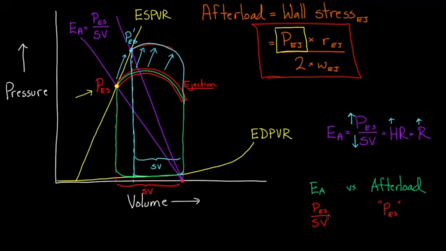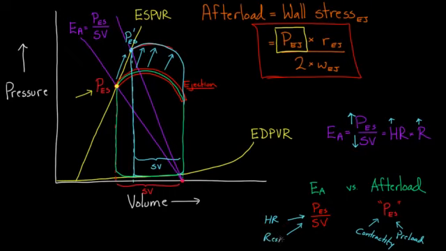And if we're thinking about that, remember that many things are going to affect this end systolic pressure. Many things, including things like contractility, will affect this, and preload will affect this. So many things are going to affect afterload, but not too many things are going to affect our EA. So remember, if you're having a change in EA, the things that are going to change EA would be like heart rate and resistance.